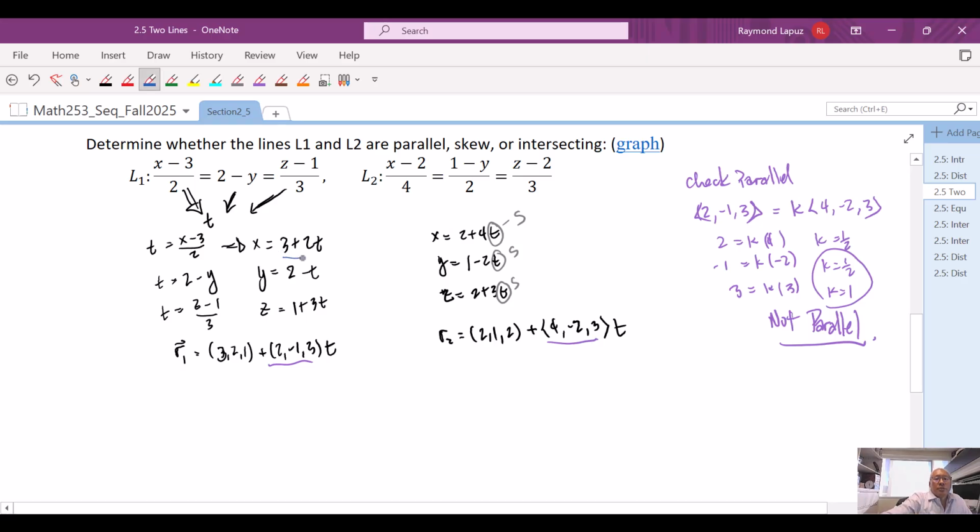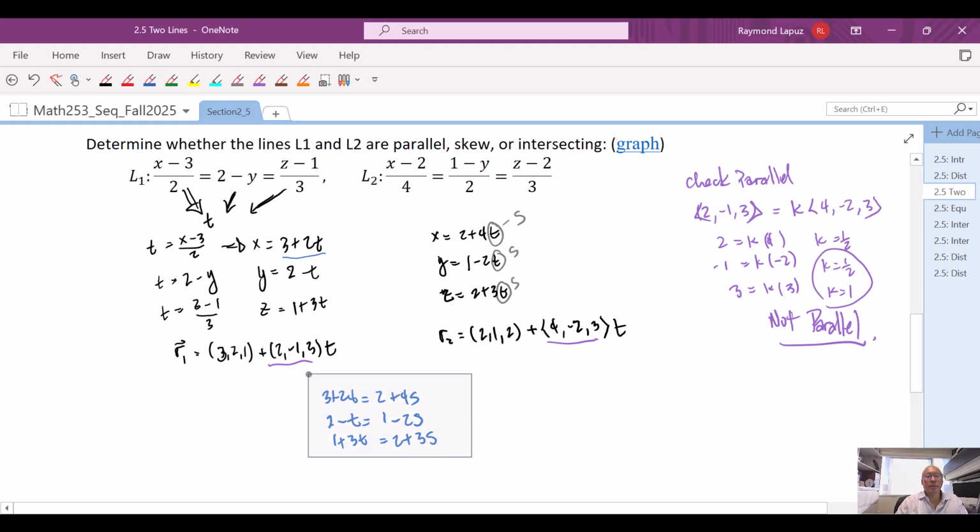So our equation for x is going to be 3 plus 2t is equal to 2 plus 4s, using a different parameter there, s. I have 2 minus t is equal to 1 minus 2s, and then 1 plus 3t is equal to 2 plus 3s.